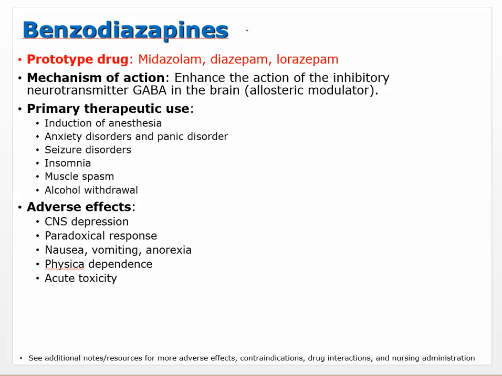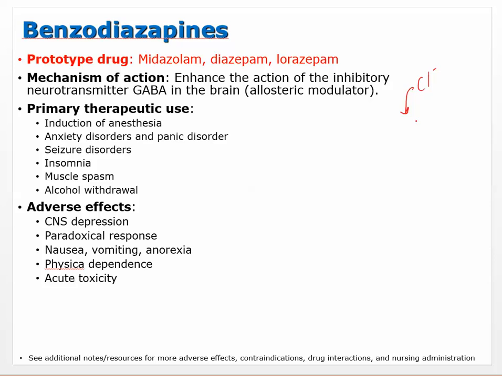Okay, the benzos. We've talked about the benzos multiple times. Midazolam, diazepam, and lorazepam are the prototype drugs listed in the book. Mechanism of action, we've seen that. It binds the benzodiazepine receptor subtype of the GABA receptor, and it causes the channel to open more frequently, which causes more chloride to move into the cell, which hyperpolarizes everything.